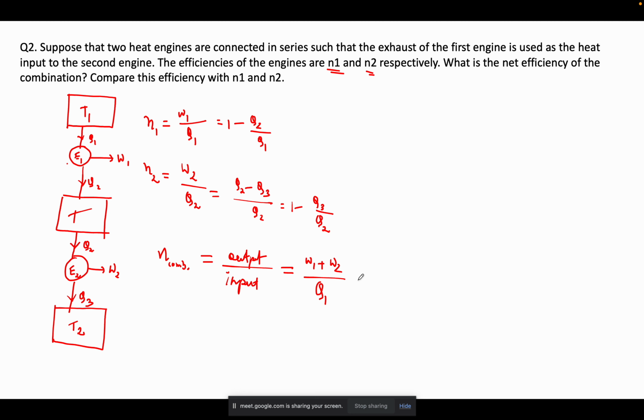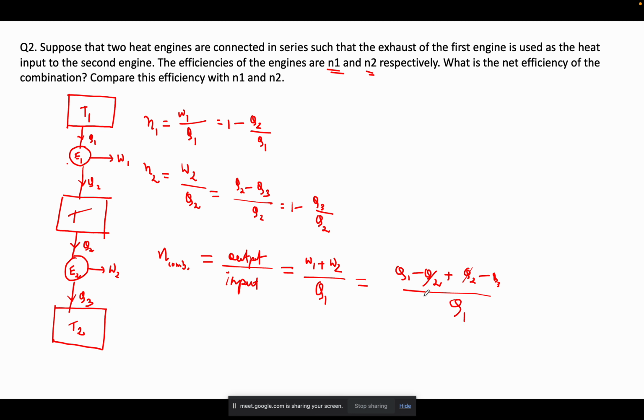Now we have W1 plus W2. We can substitute W1 and W2 in terms of Q's. W1 will be Q1 minus Q2, and W2 will be Q2 minus Q3, and this will be divided by Q1.